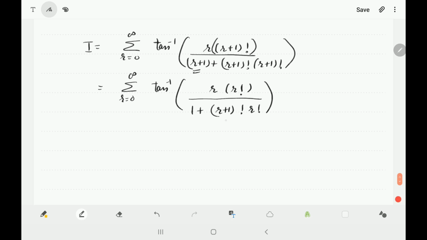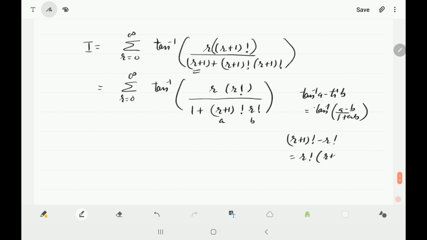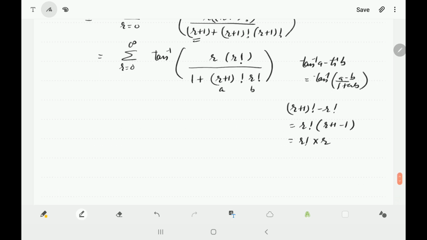Now remember the formula of tan inverse a minus tan inverse b, which is tan inverse of a minus b upon 1 plus ab. If this is term a and this is term b, the difference should be in the numerator. Let's see: r plus 1 factorial minus r factorial will give us r factorial common, and r plus 1 will be balanced there. So it will be r factorial into r, which is present in the numerator.